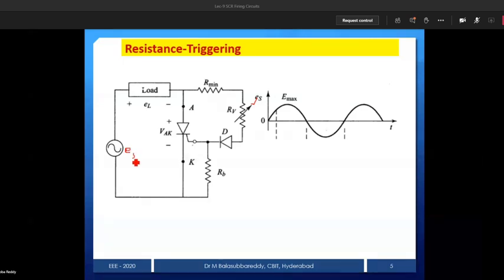Which devices are forward biased at this moment? Anybody? If the supply is positive, is the thyristor forward biased or not? The thyristor is forward biased. When the thyristor is forward biased, will the thyristor trigger?